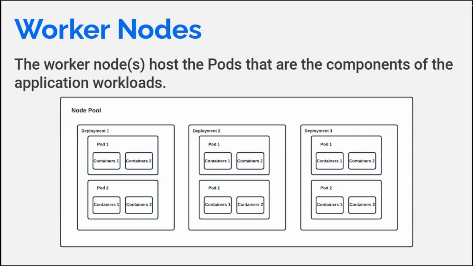And one application can be defined as one deployment. So let's say deployment 1 is the user service deployment, deployment 2 is the shopping cart deployment, and deployment 3 is the inventory management deployment.